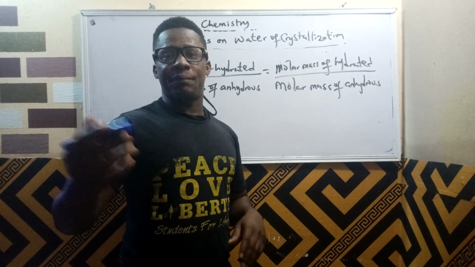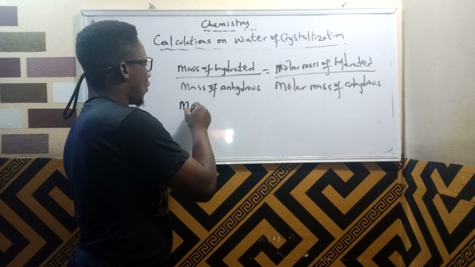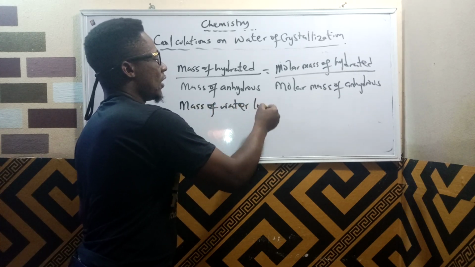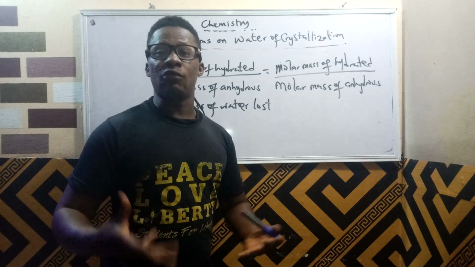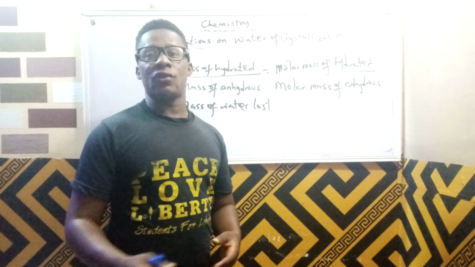So preferably you can now say mass of water lost, the mass of water that is lost, because a particular salt can lose water so that it can become anhydrous, as the case may be.